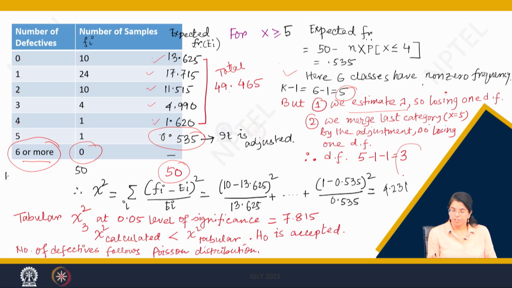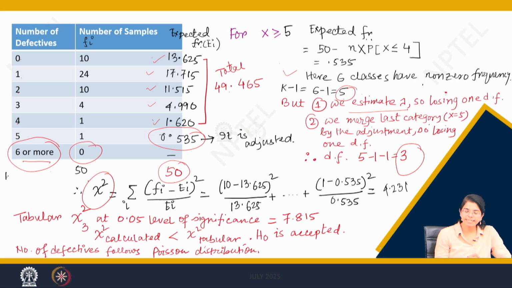Okay. So basically we'll have to go to the chi-square table and look at the tabular value for chi-square with 3 degrees of freedom. Now the rest is extremely easy. Chi-square calculated value, you know the technique, and it will come as 4.231.